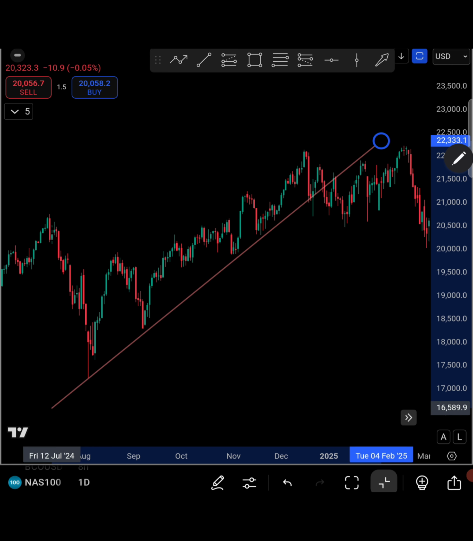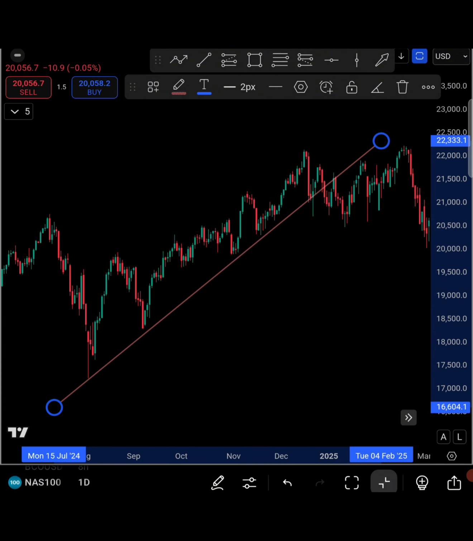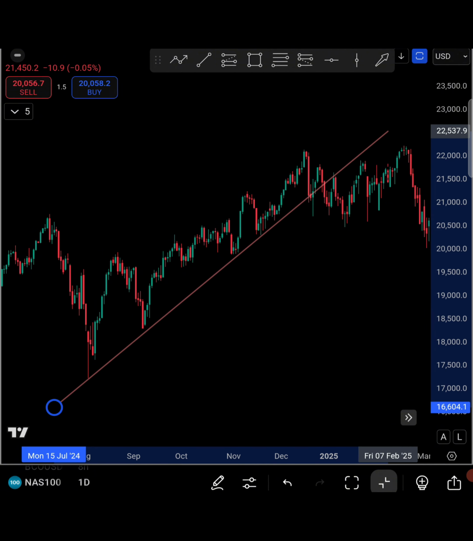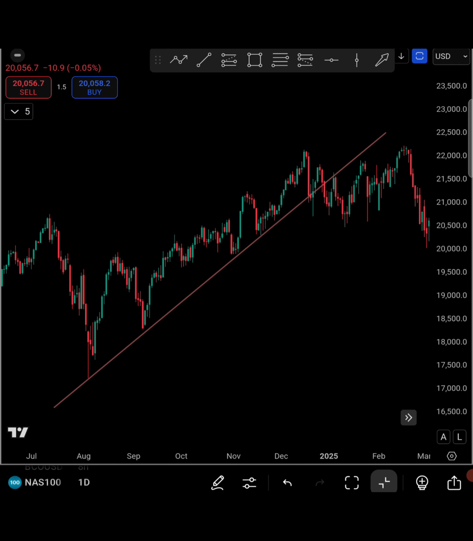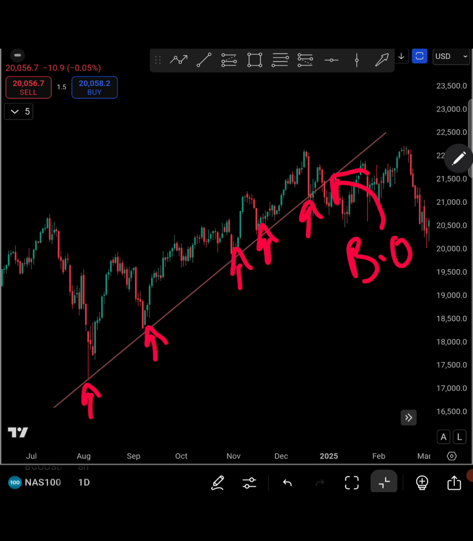Position these very nicely right at the shadows or the bodies at the lowest parts in the uptrend. You see here the first touch, second touch almost here, touch, and then over here you have the breakout.